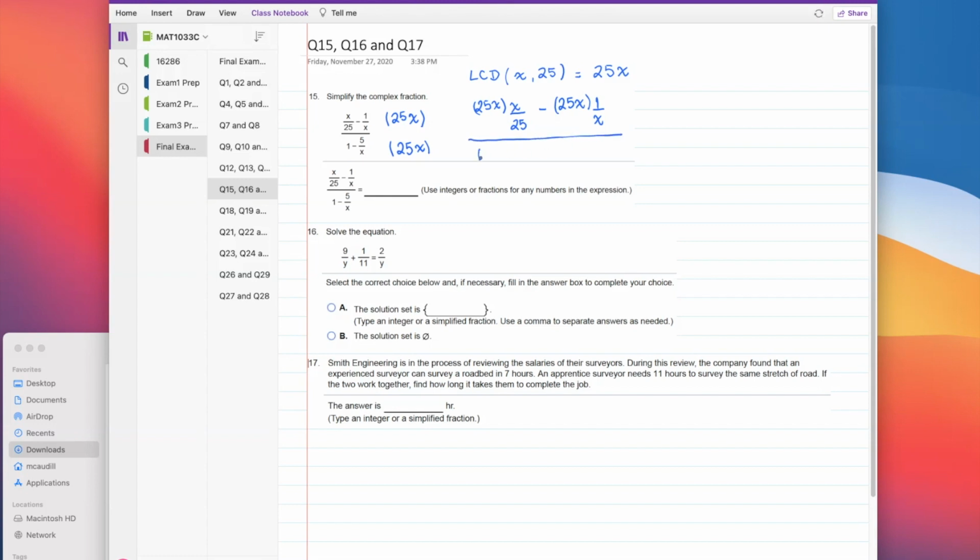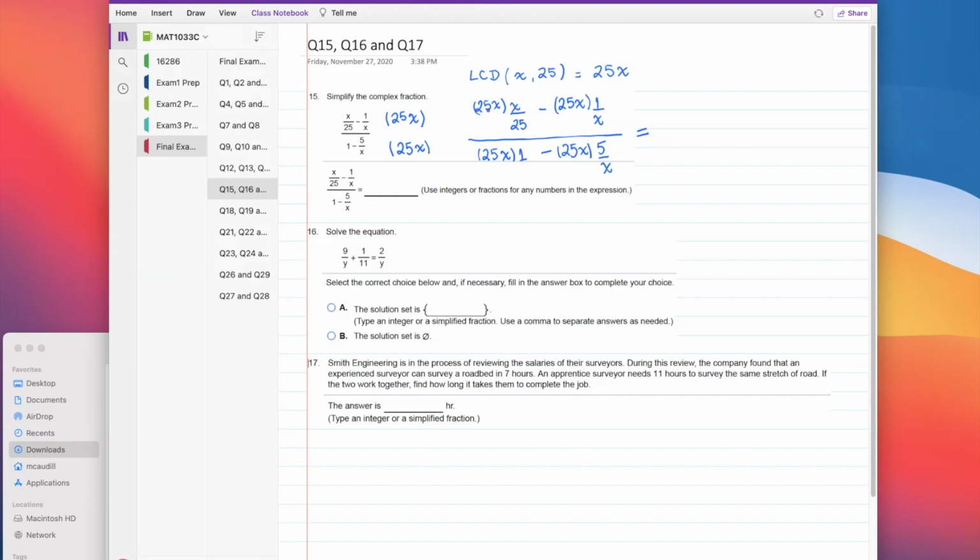Now the denominator, same thing, 25x times 1, minus 25x multiplying 5 over x. Now we start the whole simplification.